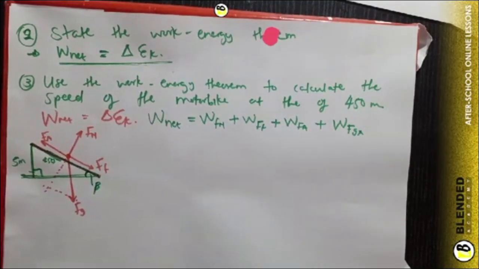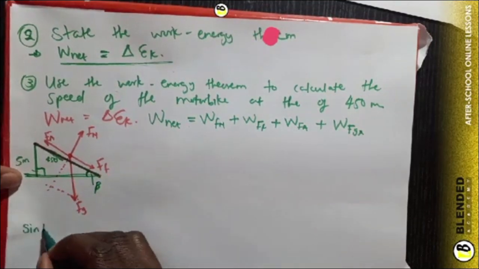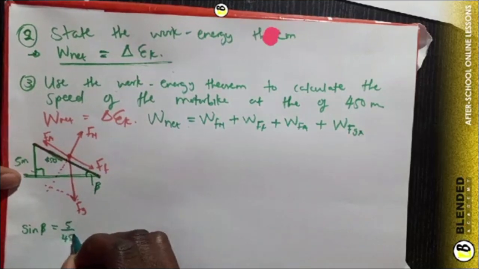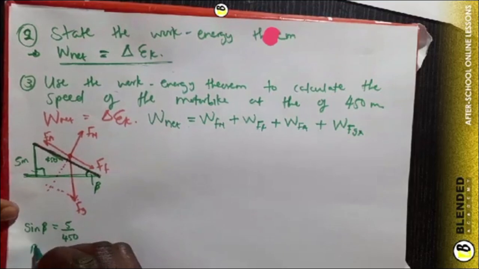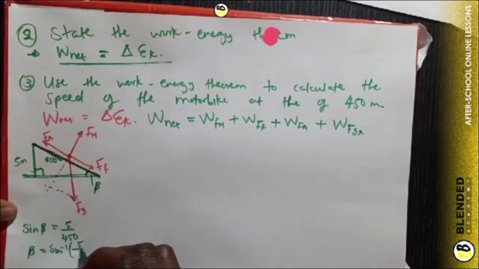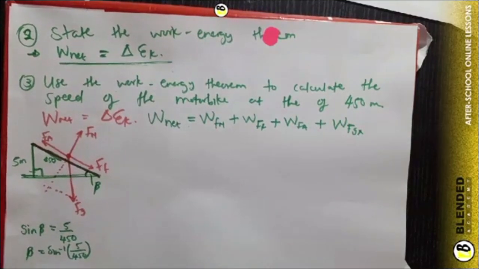So to find angle beta, we just need to use the sine ratio. Sine beta equals 5 divided by 450. So it's opposite divided by the hypotenuse, all right? So angle beta will be equal to inverse sine of 5 over 450, all right? So that's the angle beta there.